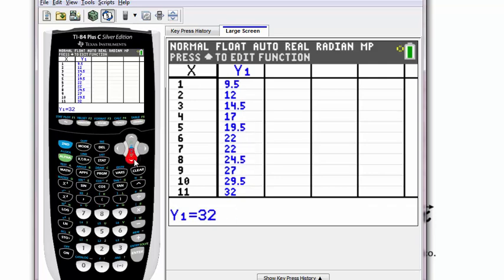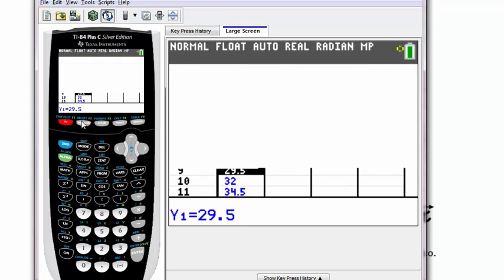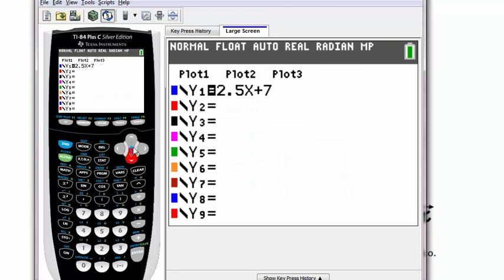I'm looking for when the y value was about 30. So I can see that it's going to happen between years 9 and 10, like we saw on our graph, which would lead us to the conclusion that it would be in the 9th year since 2001, and 9 plus 2001 gives us 2010.